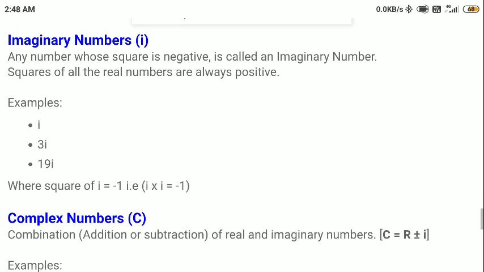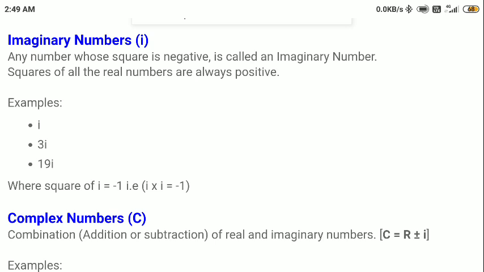Now let us talk about the other type, the imaginary number, which can be represented as i. By the name itself, we can understand that these are imaginary numbers. That means we are imagining them. They are not actually present in reality. All the numbers which were present in reality, we called real numbers.